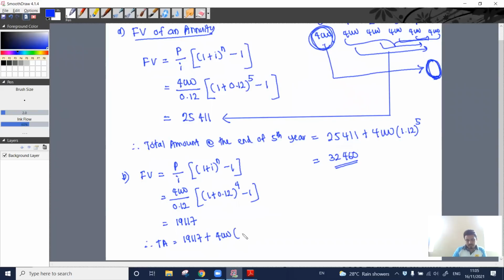4,000 into 1.12 to the power 4. So the answer should be what? 25,411.